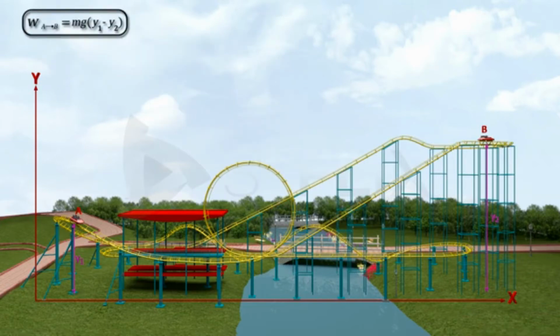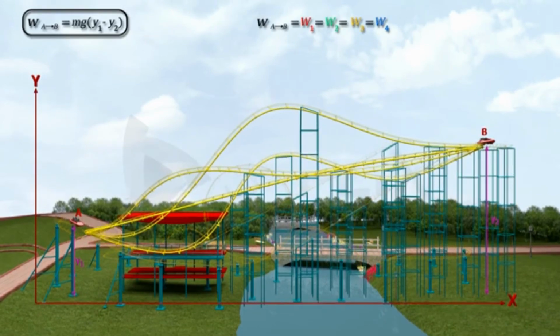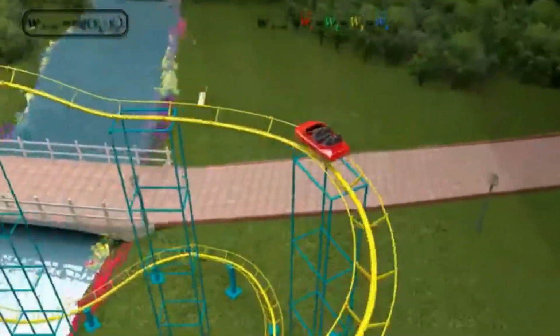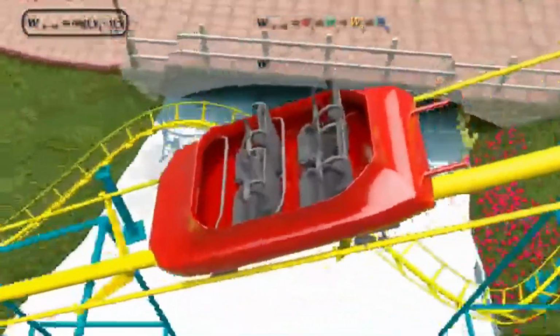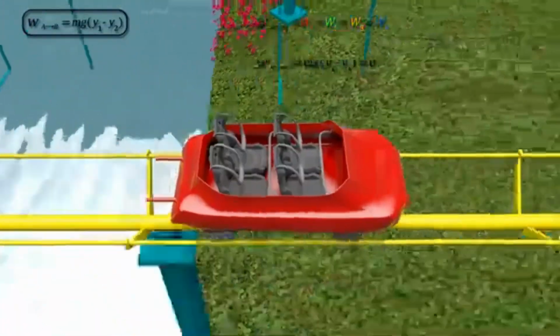Observe that work done by gravity depends on the initial height y1 and the final height y2, and that it does not depend on the shape of the path taken by the object between those points. So, irrespective of the path between points A and B, work done by gravity is the same. If the object is brought back to A through another path, as the initial and final positions remain the same, the total work done is zero.